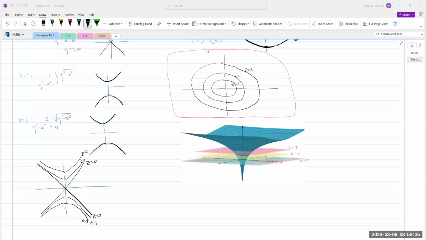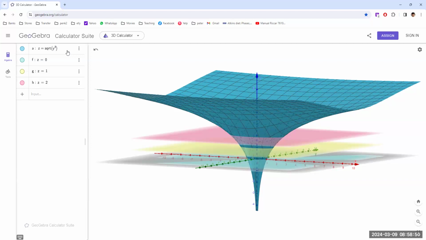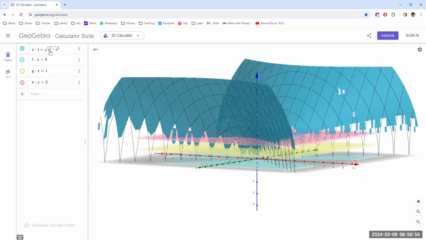In GeoGebra, let me change this here: z equals square root of y squared minus x squared. And then we get this.